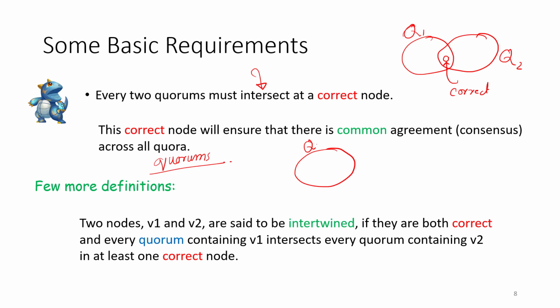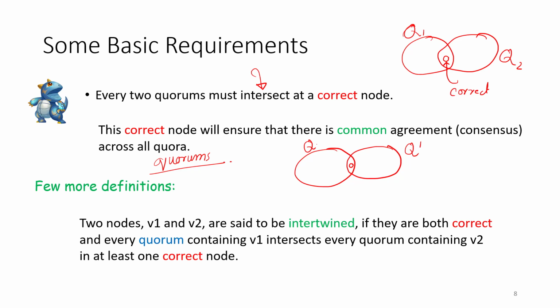Now, if every other quorum in the system has an intersection with it at a correct node, later on, let's say, if another quorum Q dash tries to decide something which goes against what Q has decided, then the correct node at the intersection is actually going to stop it, right?